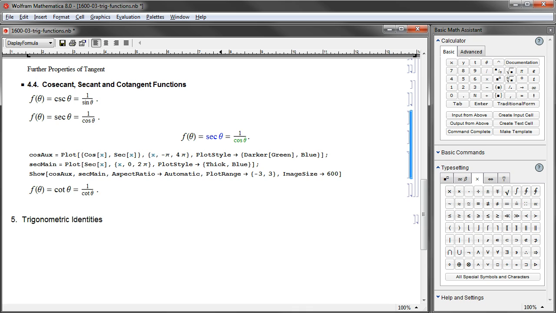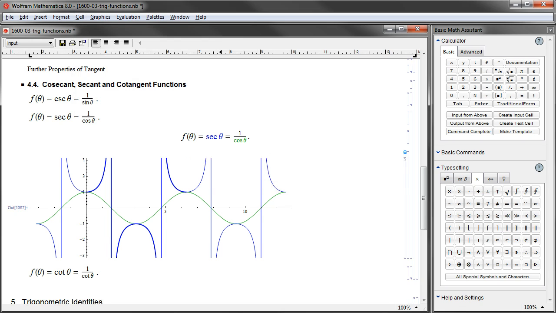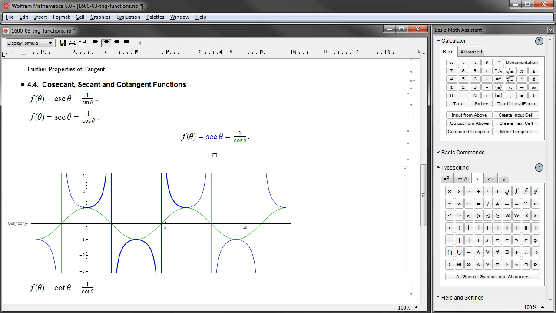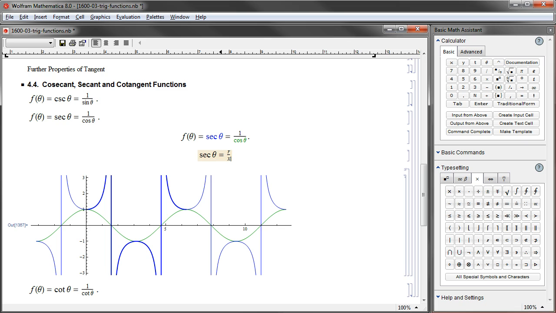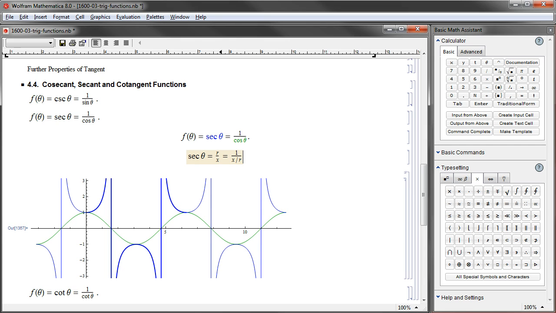Now here is the relationship between the graph of secant and the graph of the cosine function. And it follows from the same logic. Secant of theta is r over x by definition, and that is equal to 1 over x over r.